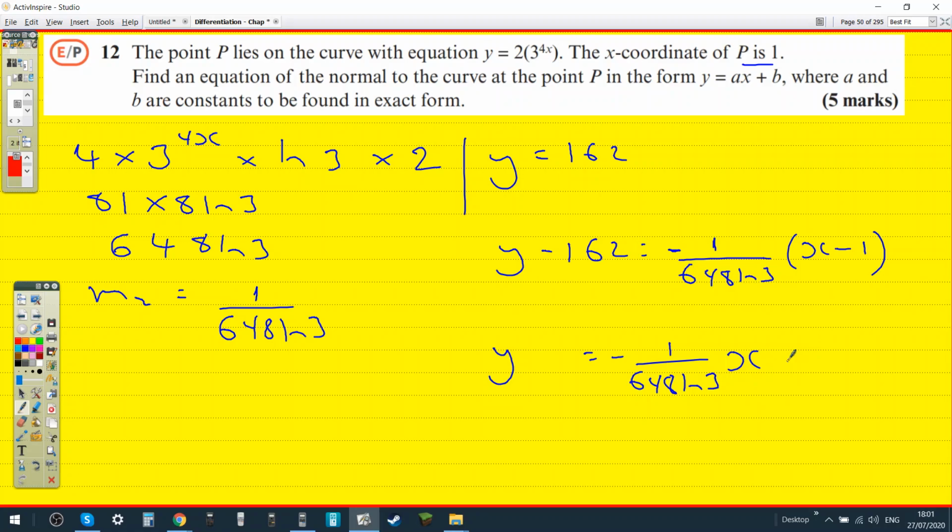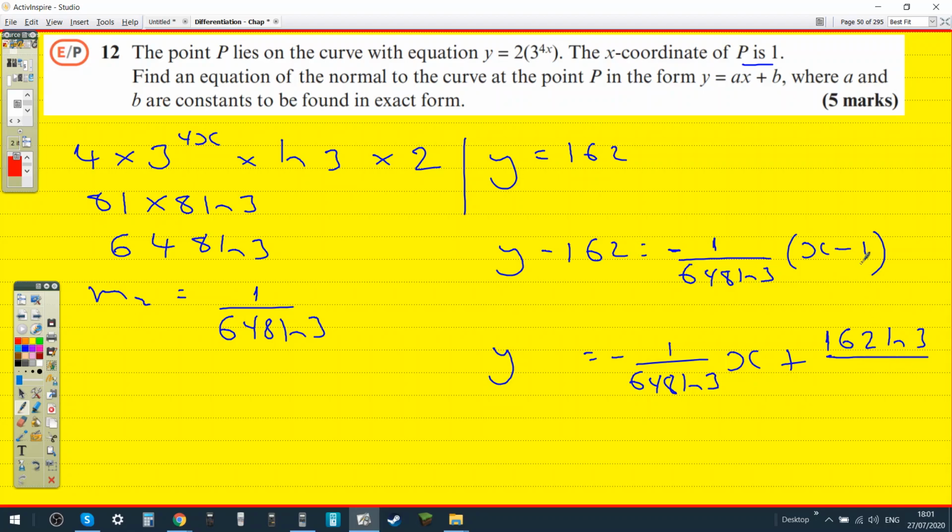And so plus 162 ln 3, the quality's kind of weird. Yeah. Over ln 3, is that right?